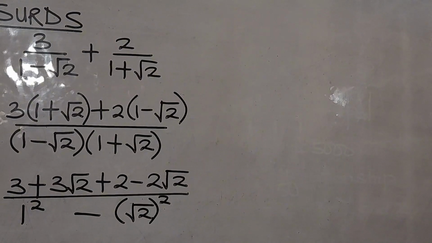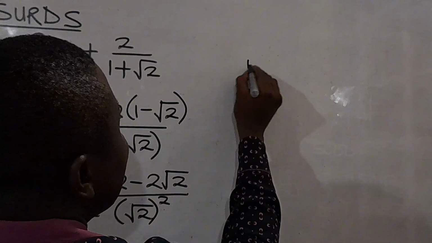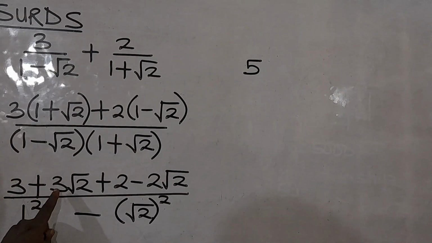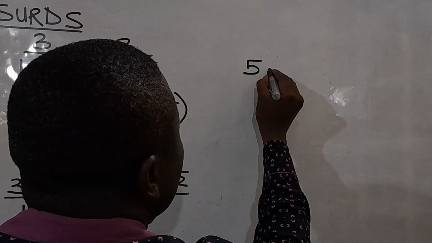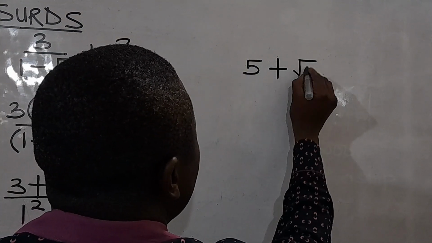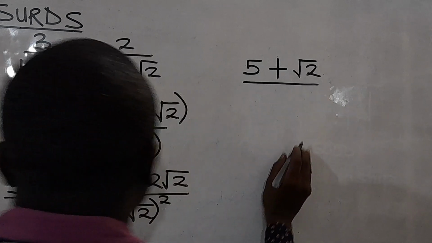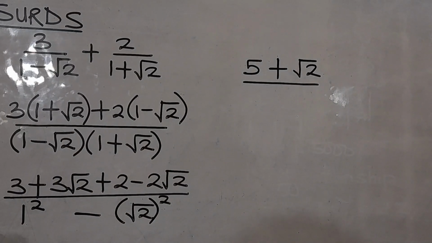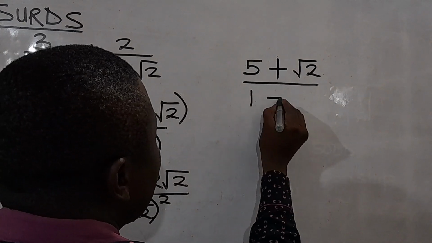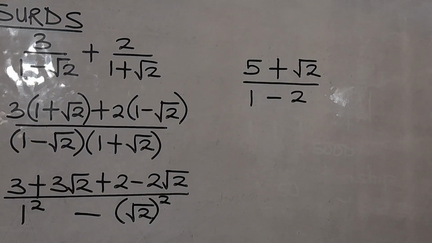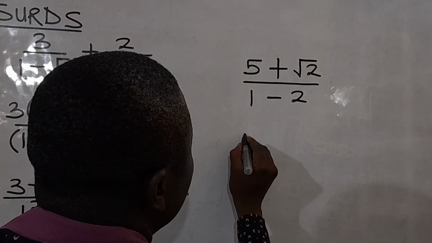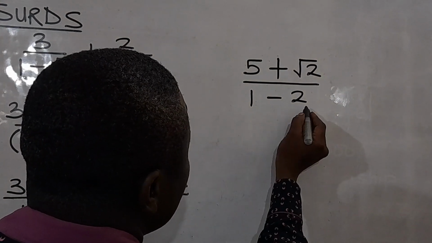Now this becomes 3 plus 2 is 5. 3 root 2 minus 2 root 2 is plus root 2, over, this is 1 minus 2. 1 minus 2 is negative 1.